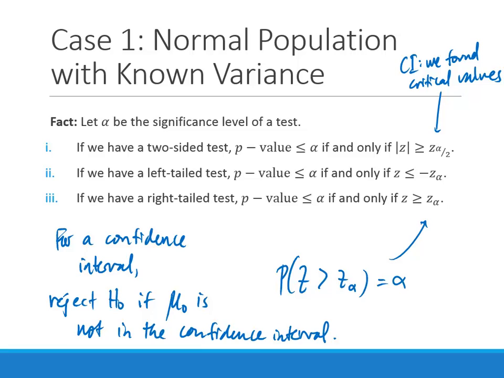So you calculate a confidence interval and you find that your hypothesized value mu 0 is not in that interval. That will lead you to reject the null hypothesis at the same significance level as you've constructed your confidence interval under. So just keep in mind this duality between intervals and tests.